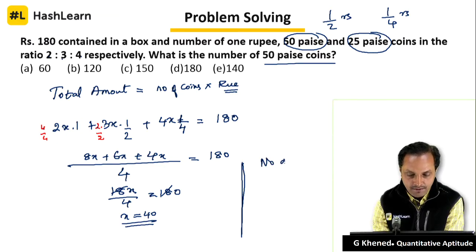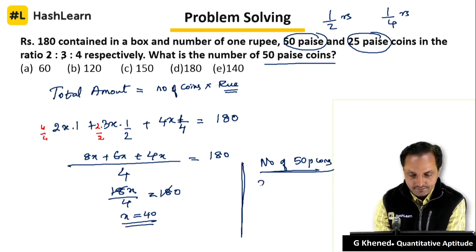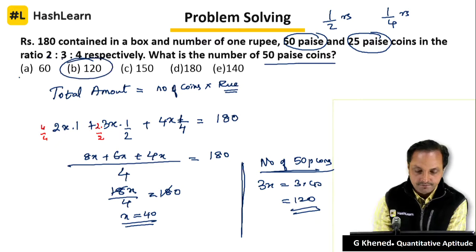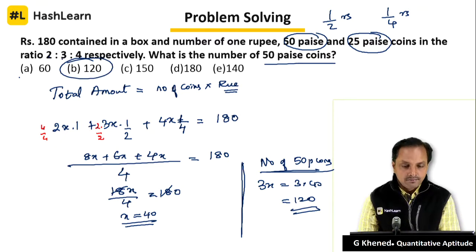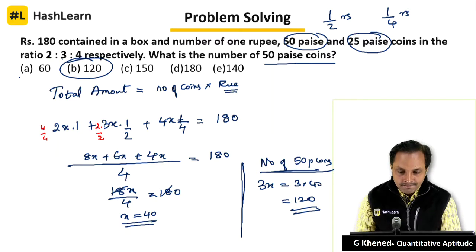So your number of 50 paisa coins will be equal to 3x, which is 3 into 40, which is 120, option B. Is that okay?